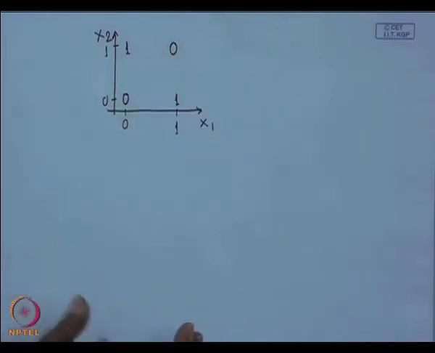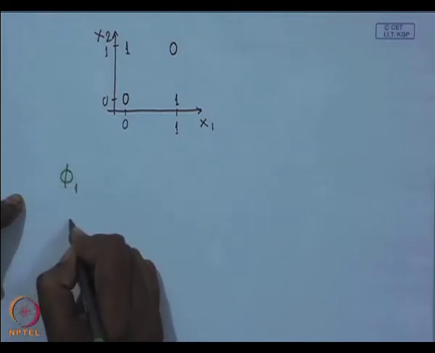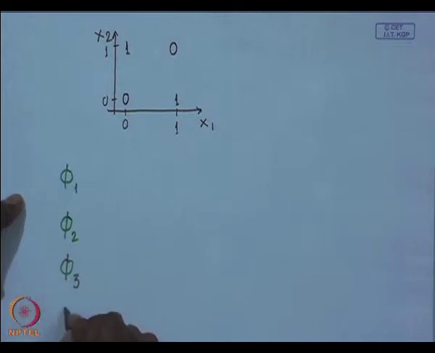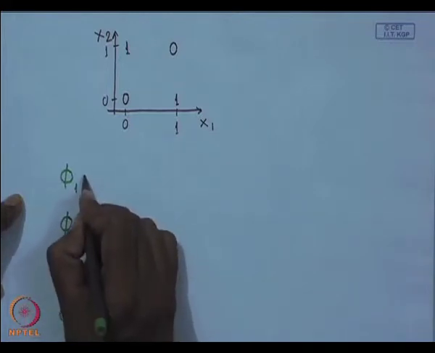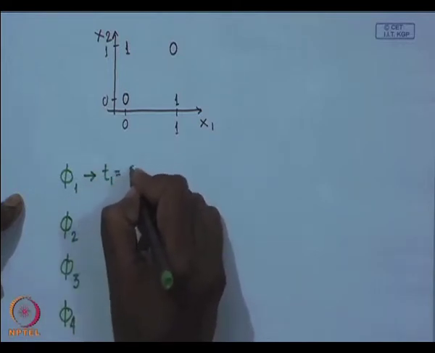So, I have 2-dimensional binary feature vectors, and I want to cast this 2-dimensional feature vector into a 4-dimensional space by using 4 radial basis functions: phi 1, phi 2, phi 3 and phi 4. For phi 1, I choose T 1 equal to say 0 0.